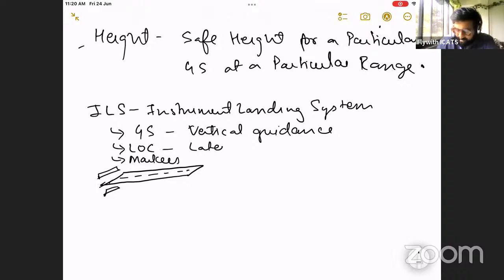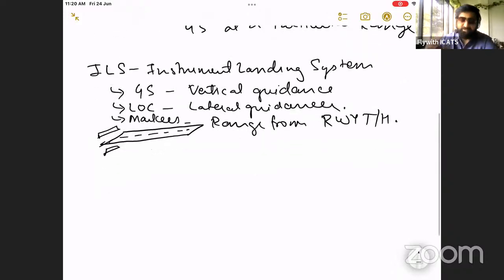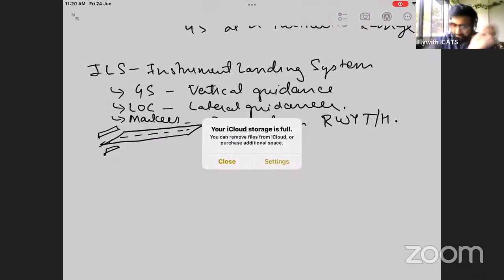Localizer gives you lateral guidance to be on the center line of the runway. And markers give you range from the runway threshold. Okay. These three parts, localizer, glide slope, and markers, together make up the instrument landing system.